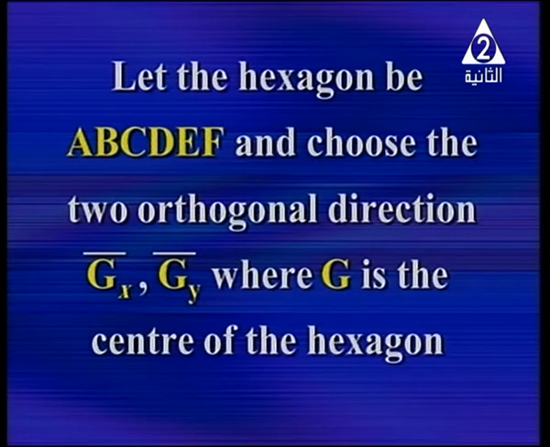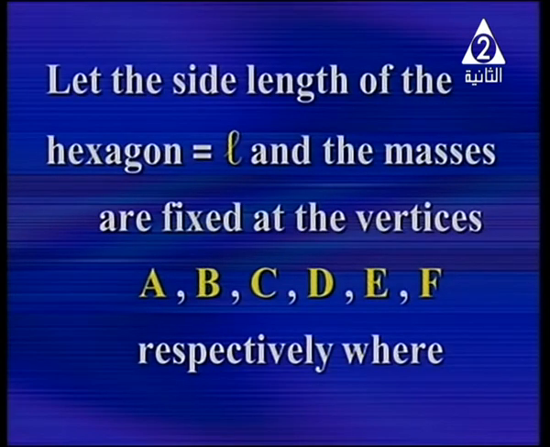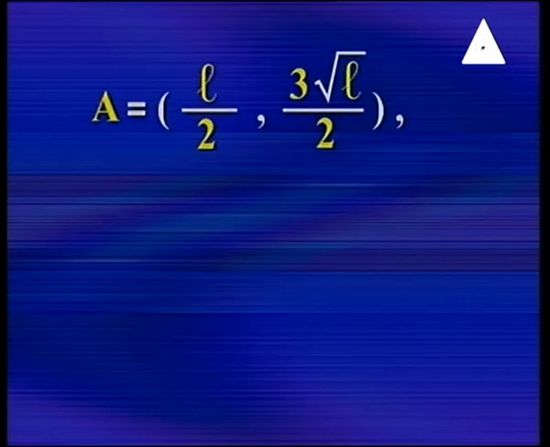Dear student, let the hexagon be A, B, C, D, E, F, and choose the two orthogonal directions G x, y. G is the center of the hexagon. Also, let the side length of the hexagon equal L centimeter, and the masses are fixed at the vertices A, B, C, D, E, F respectively, where point A has coordinates L over 2 and root 3 L over 2.